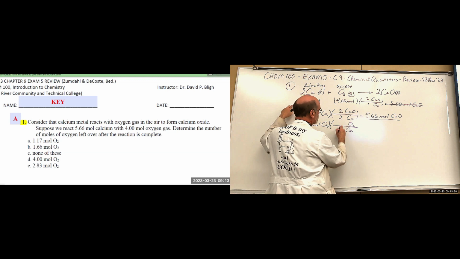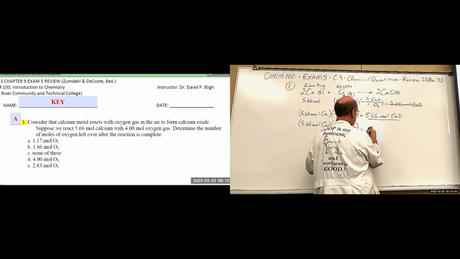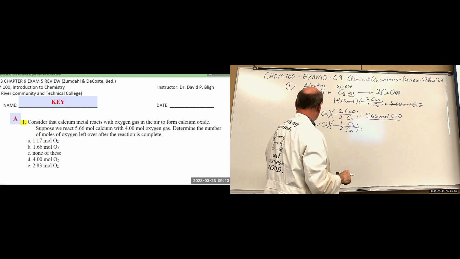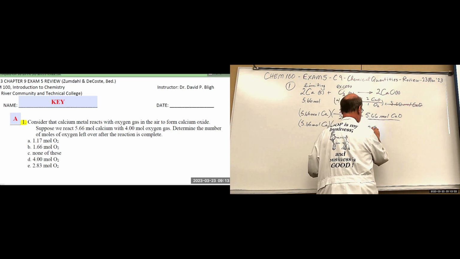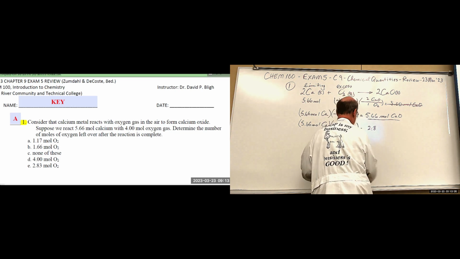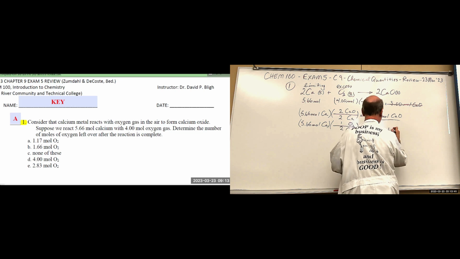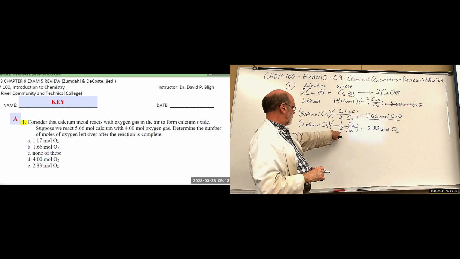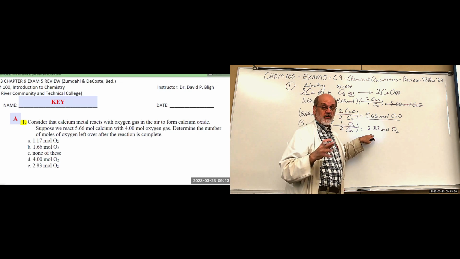So we have 2 calciums here and 1 oxygen there. That means 1/2 of 5.66 is, let's see, 2.83 moles of oxygen. Okay, let's see, is that 2 times that? 5.66. Yeah, that's right. So this is all the oxygen that you're going to use.